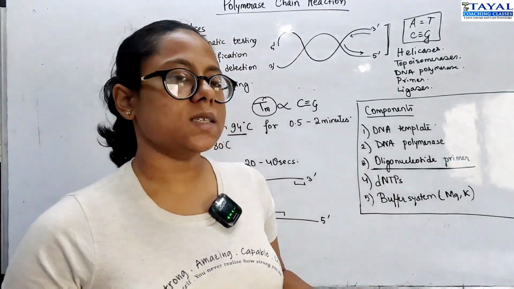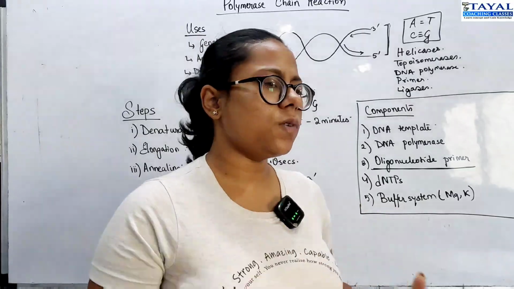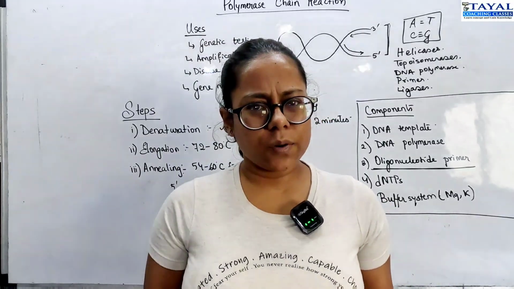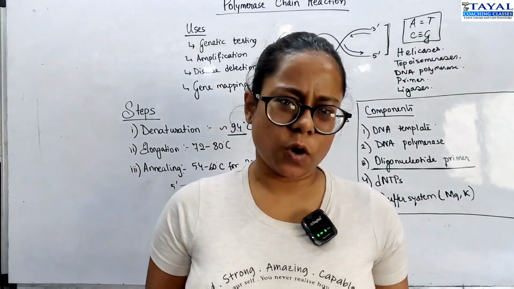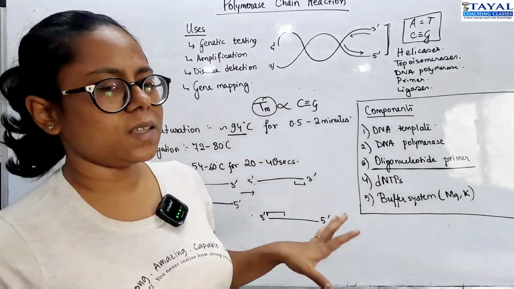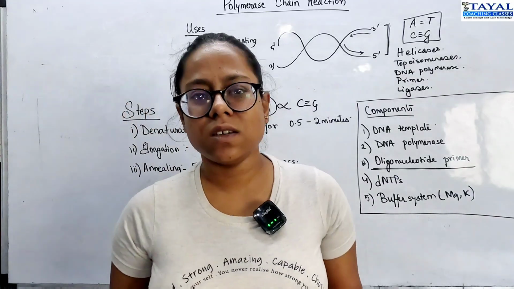Next comes polymerase. The biggest problem with this was the polymerase, because most of our bodily enzymes get denatured beyond an optimal temperature of 35, at best 40-45.